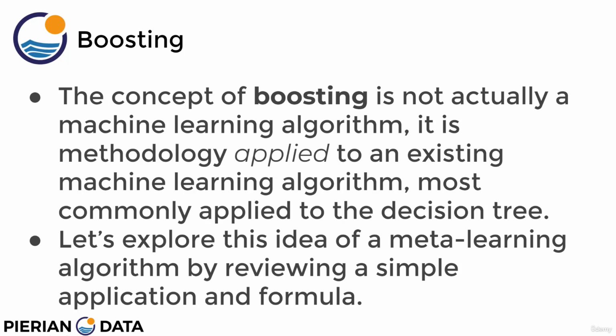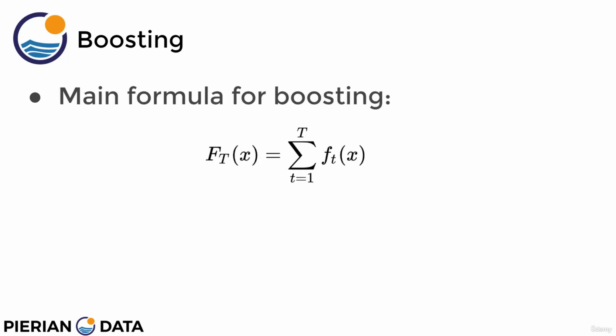So let's explore this idea by reviewing a simple application and formula, which we're going to go into a lot more detail when we talk about adaptive boosting. The main formula for boosting says that your overall boosted meta-learning model is equal to the sum of t number of models.